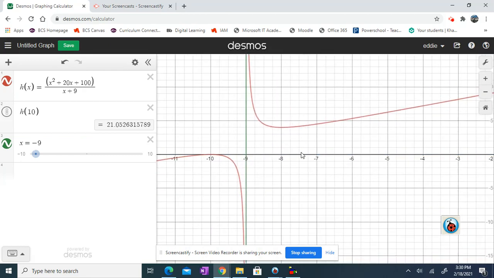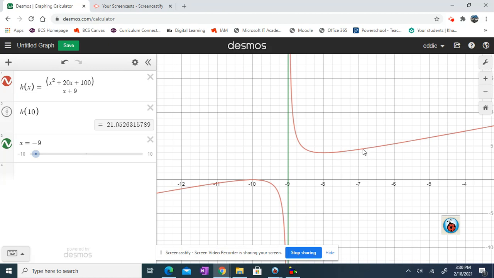So as you can see, as you come in this way, it's going down, but all of a sudden it just turns around and goes off to infinity. It climbs the wall, right? As you come from the left here, it's climbing, it hits 0, and then all of a sudden it falls down the wall. It goes down to negative infinity.